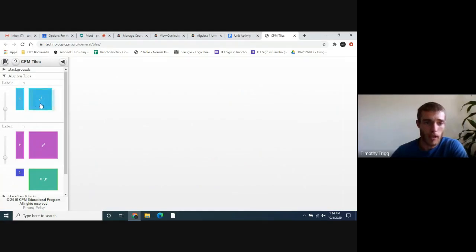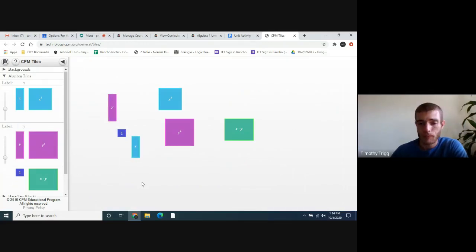So let's talk about how to use these algebra tiles. You can click and drag algebra tiles onto this blank white space, and you can just bring them over like that. If you want to make them negative, you just click on them and it'll make them negative. Also, you can rotate some of them.